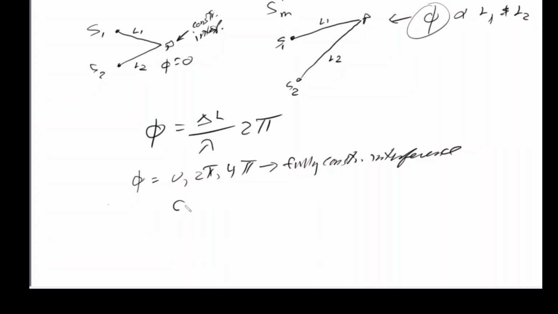So basically, if phi is equal to n times 2 pi, where n is equal to 0, 1, 2, etc. Okay, this gives delta L over lambda will give a whole wavelength phase shift, and you get constructive interference.